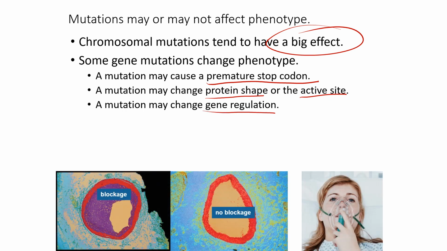So for instance, a gene mutation might cause a certain buildup in blood vessels and arteries versus not. And so this is where we have genetic high blood pressure and things like that. So things that can be passed along are that the genes are regulating and the proteins are being made to cause an issue in the body.